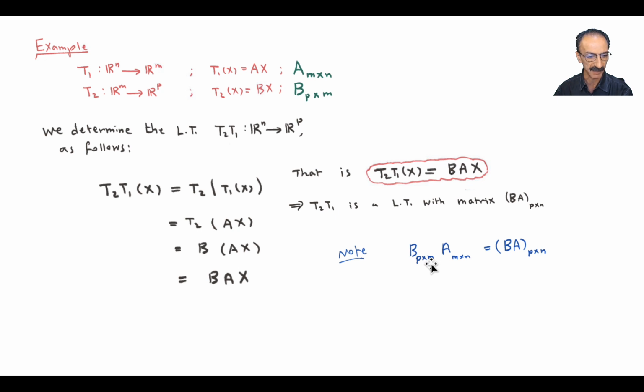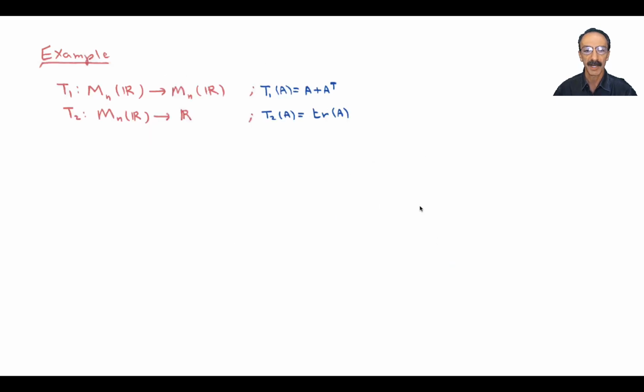Let's look at an example. In this example, T1 of A, the matrix of transformation, becomes A plus A transpose, and we're going from M_mn(R) to M_mn(R), matrices of size m by n with real numbers as elements.